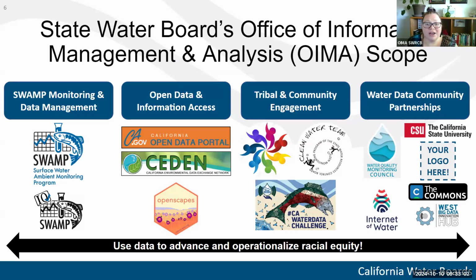And because of the nature of all of this work, we're always looking for and developing new partnerships within the water data community. No matter what project we're part of, we're continuously thinking of ways to use data to advance equity outcomes and to operationalize equity, inclusion, and justice into how we work.